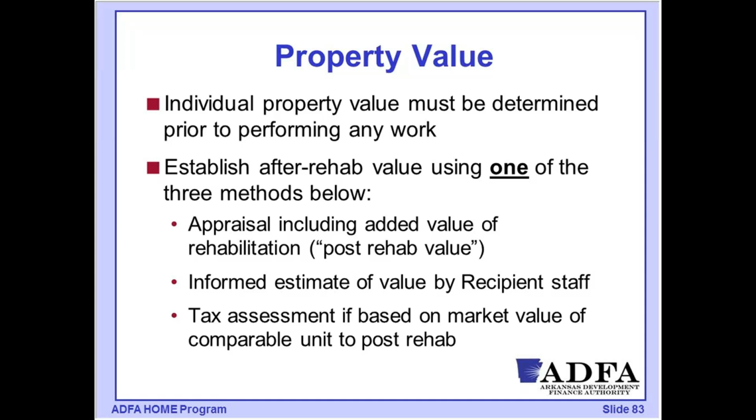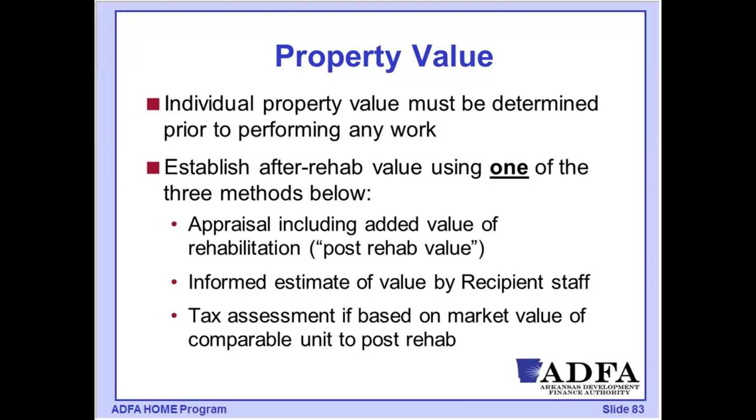Well, let's say you were running a homeowner rehabilitation program in a particular neighborhood where you had very similar units, and you had some units that you had already done and already had been reassessed for a current market value after you'd done that rehabilitation.